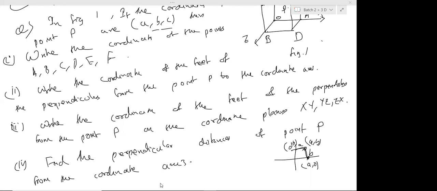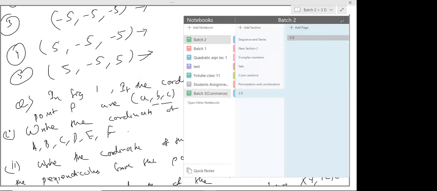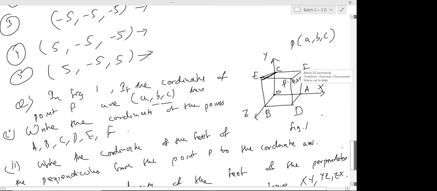Well, let's see how to solve this. In the diagram, to reach this point P, you have to move A units in x-axis, B unit in y-axis, and C unit in z-axis.